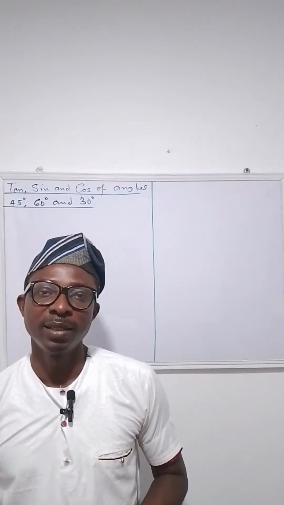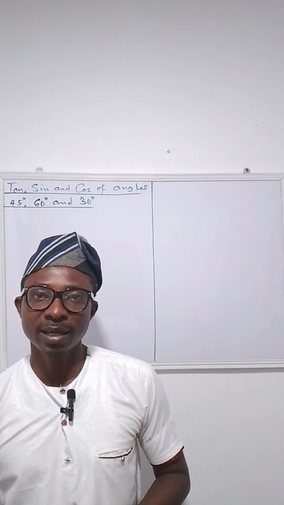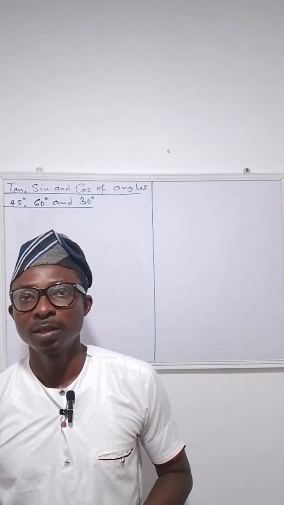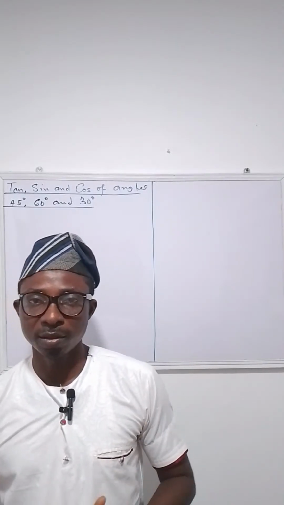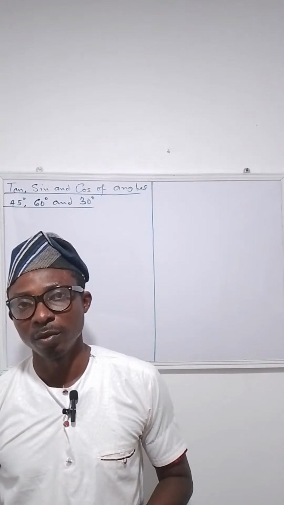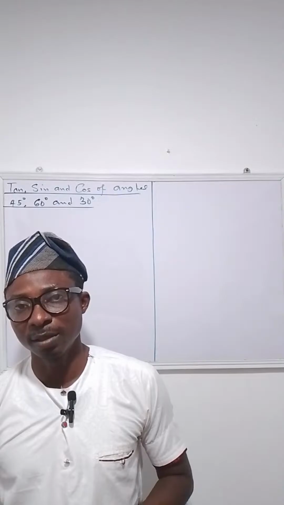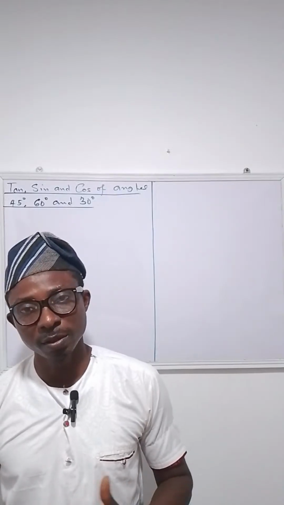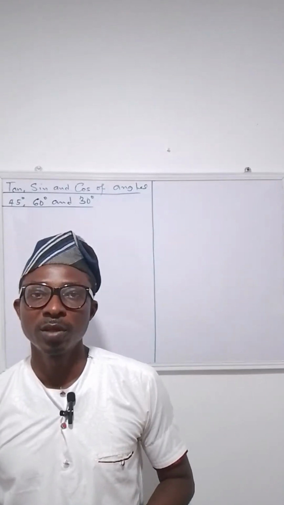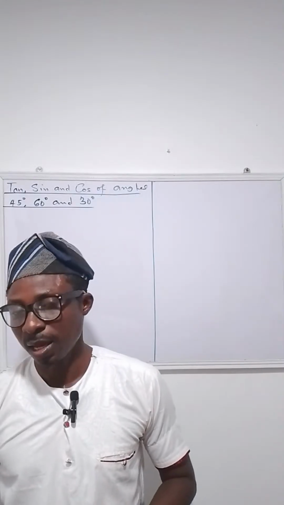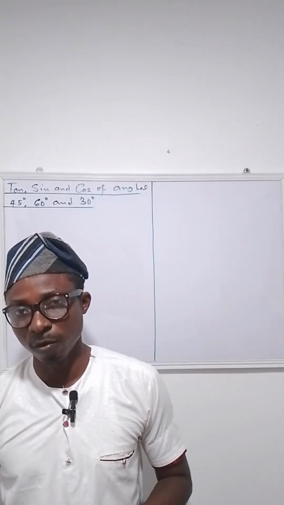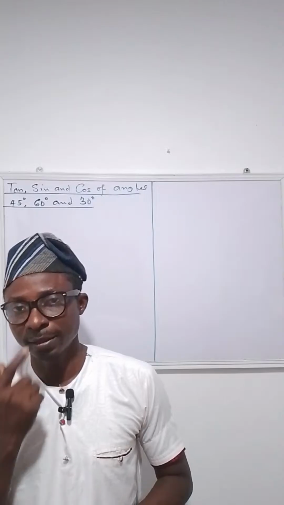Before yesterday's class, we also looked at properties of triangles and different types of triangles. I also said that we are going to be making use of trigonometrical ratio to solve triangle problems, and that is what we are going to focus on today.